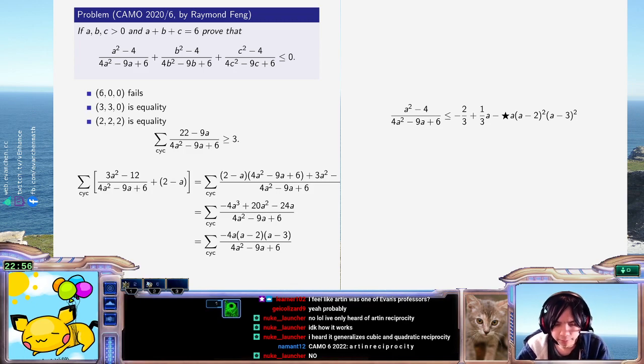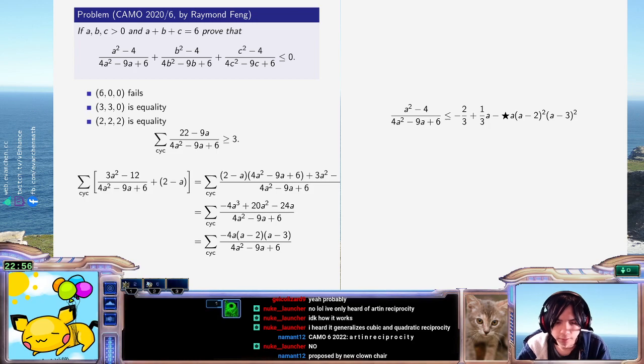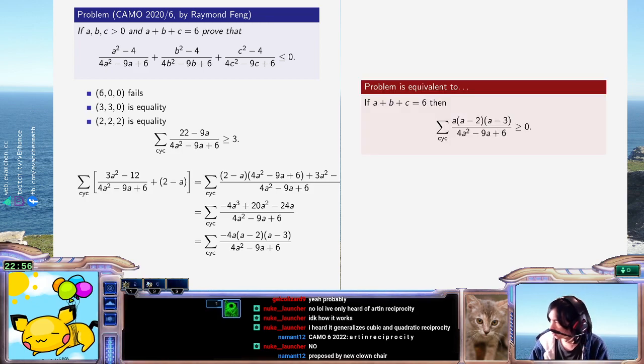If a plus b plus c equals 6, then the cyclic sum of a minus 2, a minus 3 over 4a squared minus 9a plus 6 should be non-negative. So this is sort of the right way to write it, because now you can see all the equality cases.